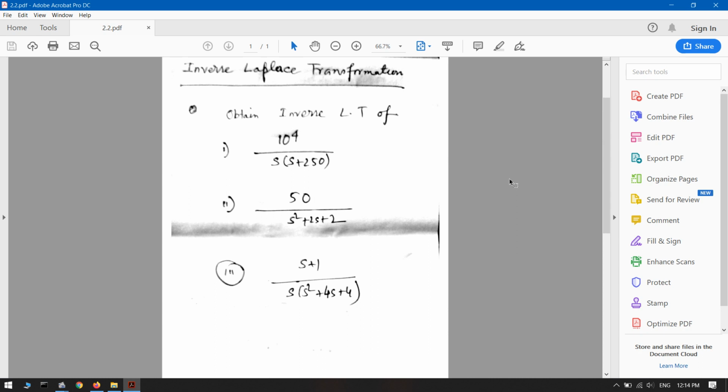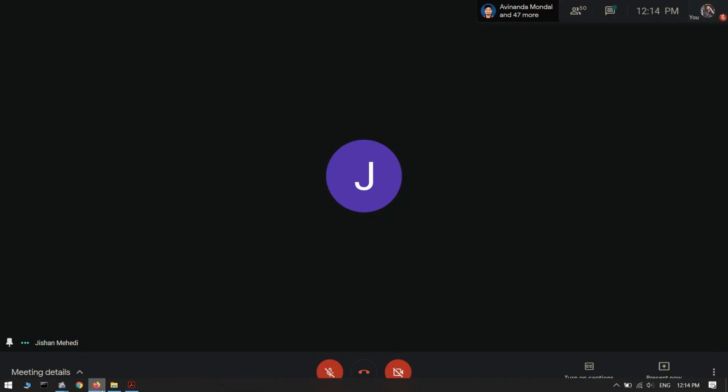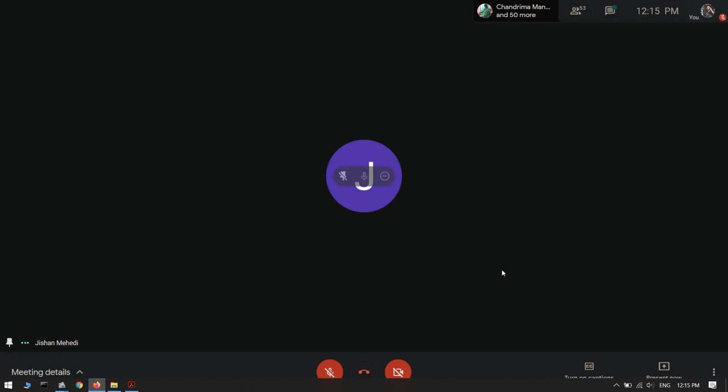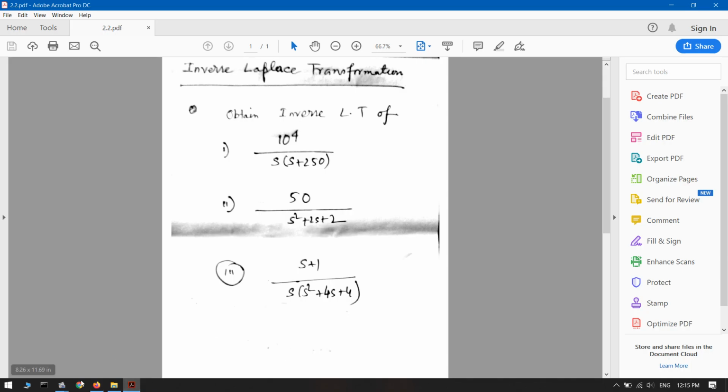Inverse Laplace transformation. Have you opened it?